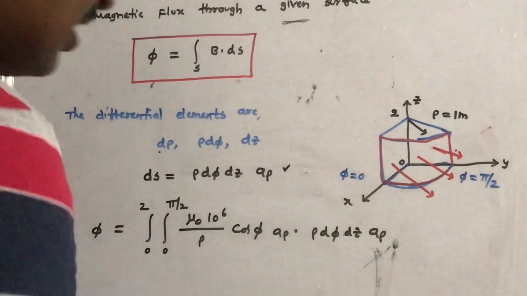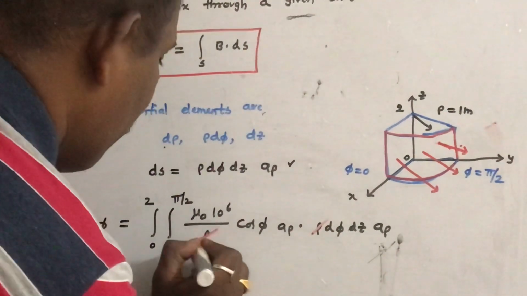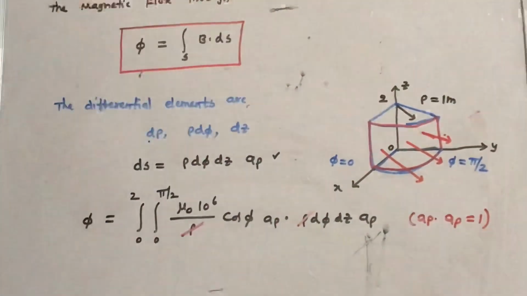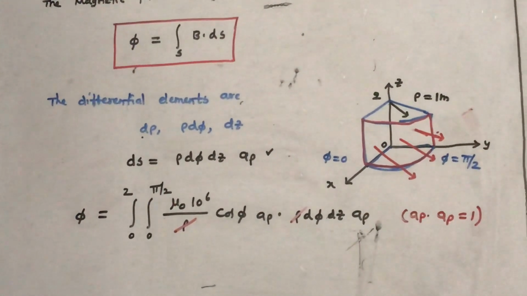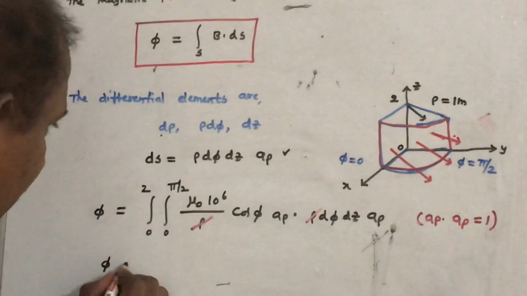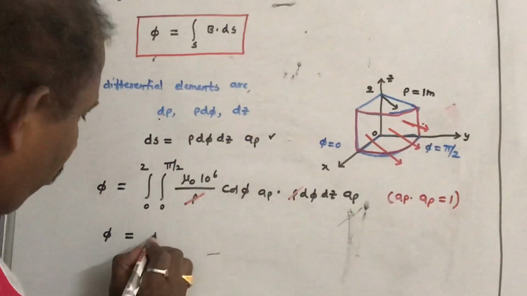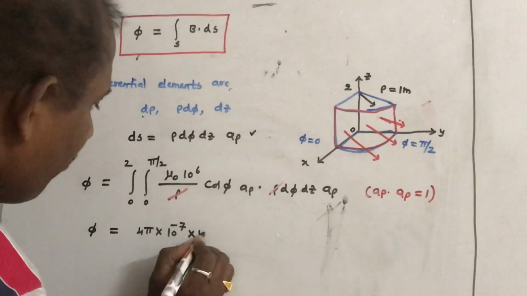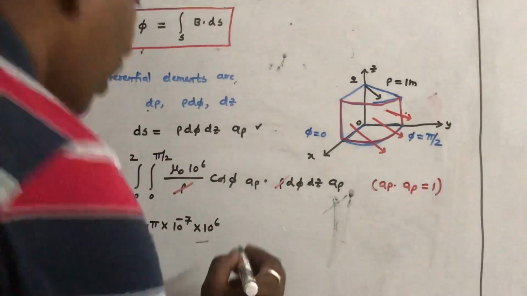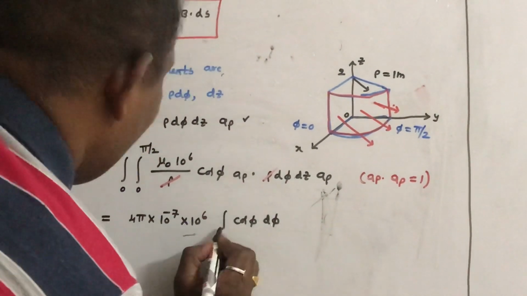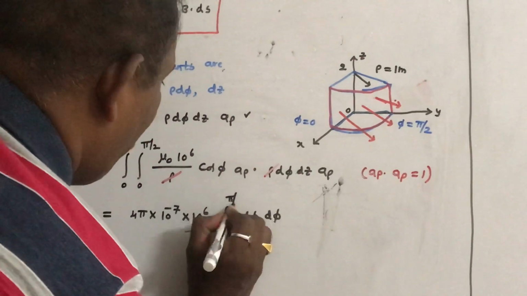In this we can cancel out rho and rho, and a rho dot a rho is equal to 1. Separate these integrals. So psi is mu naught, which is 4 pi into 10 to the power minus 7, into 10 to the power 6, on one side, and write the integral of cos phi d phi in one integral, where phi varies from 0 to pi by 2.